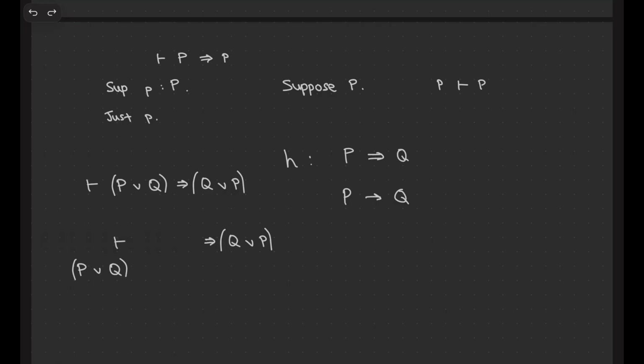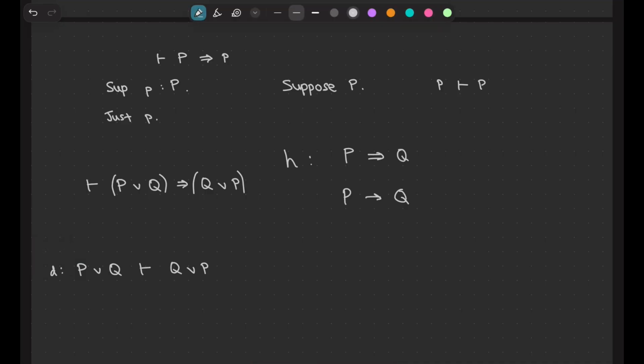What, sorry? Maybe. Okay, I don't know. I will not have a strong opinion on this name. Let's call it H, or I don't know, or d for disjunction. Okay, so you have a little d here for disjunction. Okay, suppose this. But for the time being, we can get away with this.